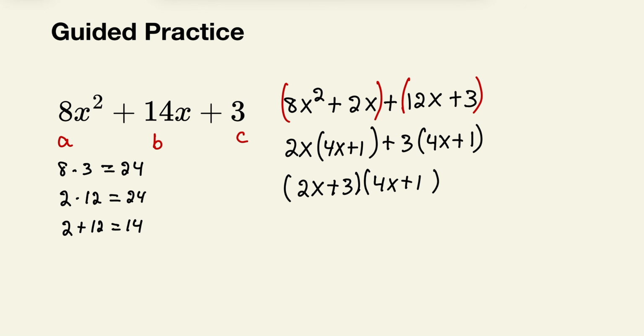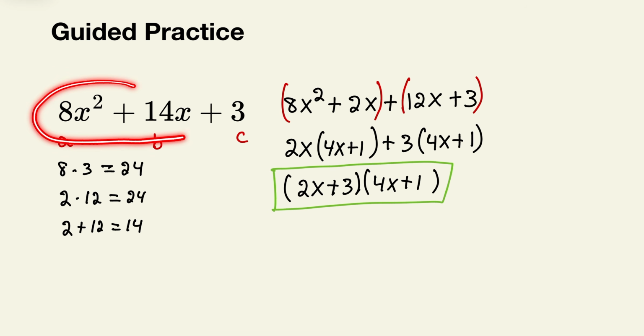And this is your final answer. 2x plus 3 times the quantity 4x plus 1. So I want you to check your answer by asking, will these factors multiply back to get 8x squared plus 14x plus 3? All right, so you can answer that by placing a comment in the comment section below.